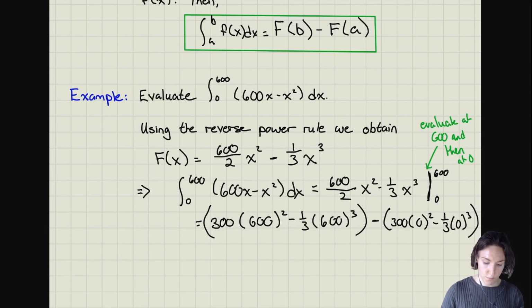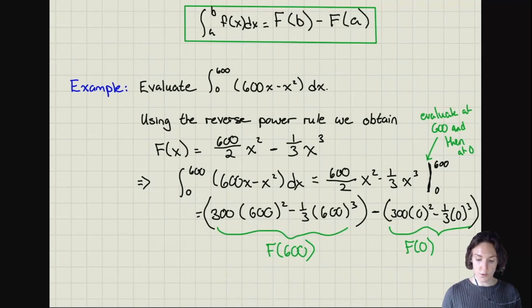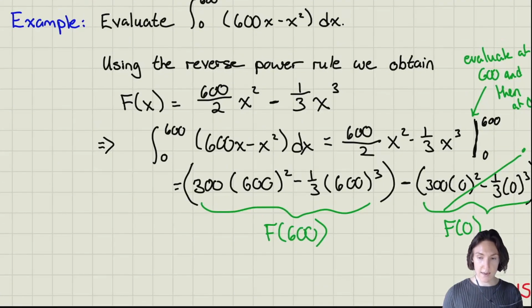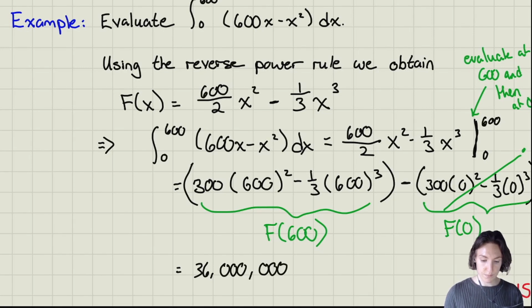Okay, so this whole first one corresponds to the antiderivative at 600 minus the antiderivative at 0. So this whole term is 0 because everything's multiplied by 0. And then if you actually work out the first part, this will give us 36 million.